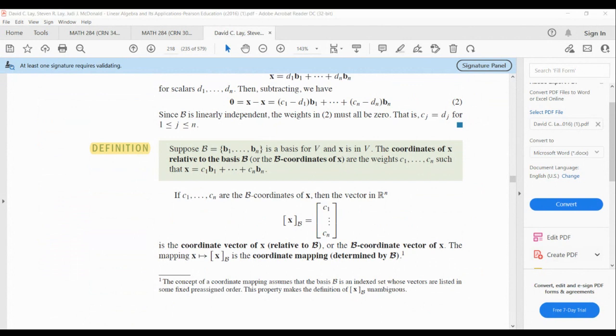And we call the set of coordinates the coordinate vector of x relative to the basis b. That's what we call the coordinate vector. Okay, so in other words, this here, I just want to highlight it. This is what I'm talking about right here.